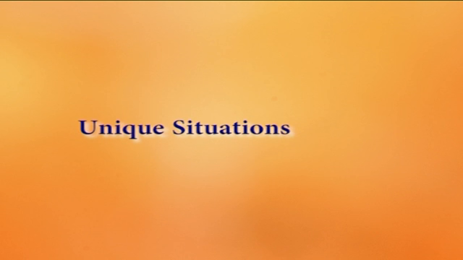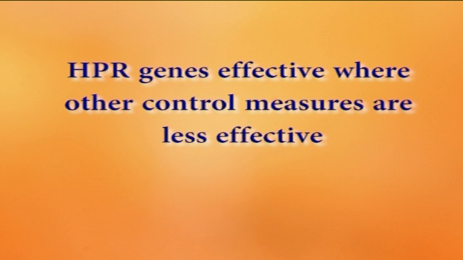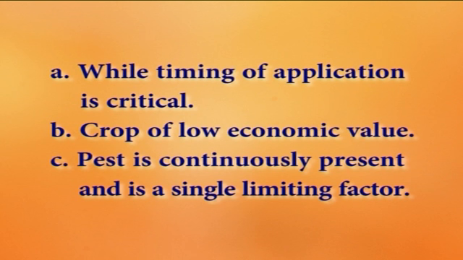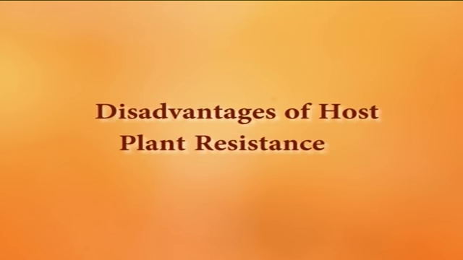Next is unique situations. HPR genes are effective where other control measures are less effective, for example, where timing of application is critical, the crop is of low economic value, or the pest is continuously present and is a single limiting factor.